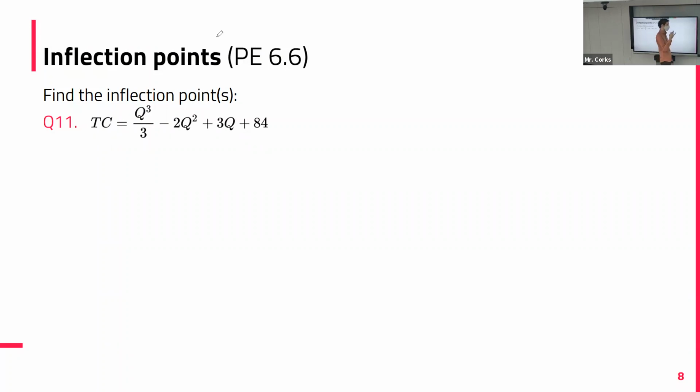Find the first derivative, set it to 0, solve for x, and then check what type it is using the second derivative. Inflection points are a bit different. We do the same idea, but with the second derivative. Find the second derivative, set that to 0, solve for x or Q in this case.